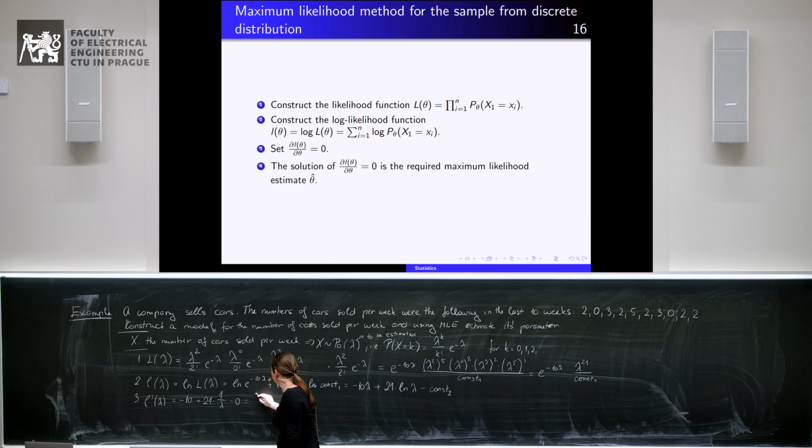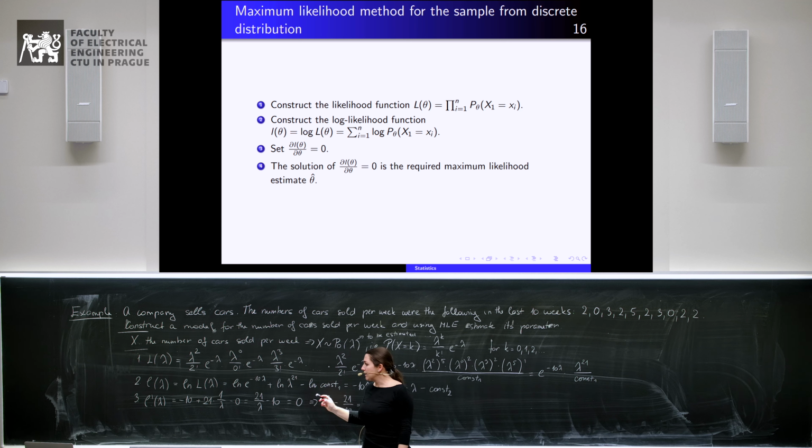So it is 21 over lambda minus 10, and it is equal to 0. So it means that the estimate of lambda is equal to 21 over 10, or 2.1 if you want.